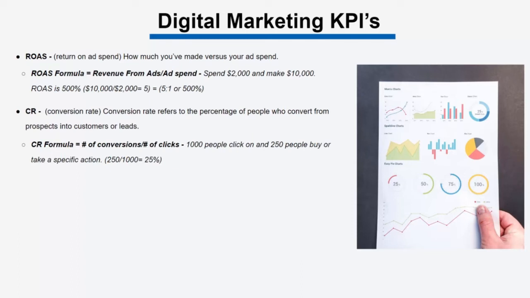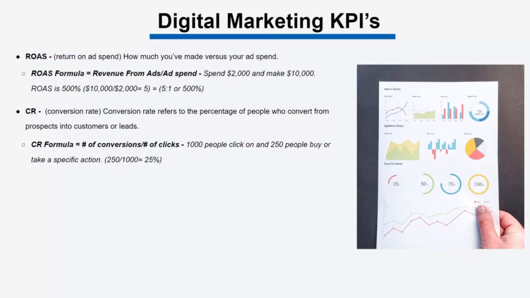And then we have CR, the conversion rate. And the conversion rate refers to the percentage of people who convert from prospects into actual customers or leads. And let's look at the formula here. So we have the number of conversions divided by the number of clicks. So we went through the click-through rate previously, and now we want to see out of how many people that actually clicked, how many of those actually bought or filled out their information or took our desired action.